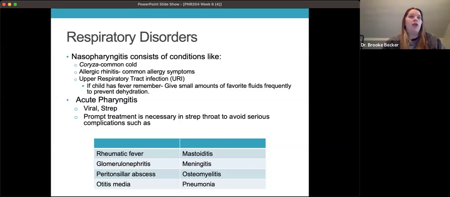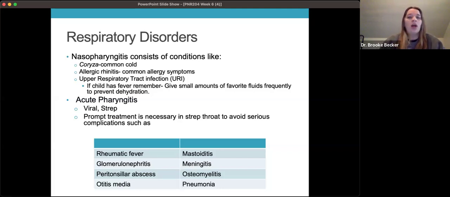But if they're not drinking, they're not acting like themselves, and they're seeming really bothered by the fever, then definitely treat that fever. If kids have fevers, they're more likely to progress more quickly to dehydration. And that's one of the biggest struggles with kids with URIs: they don't feel well, so they don't want to drink. Or they're struggling to breathe and they don't want to drink.